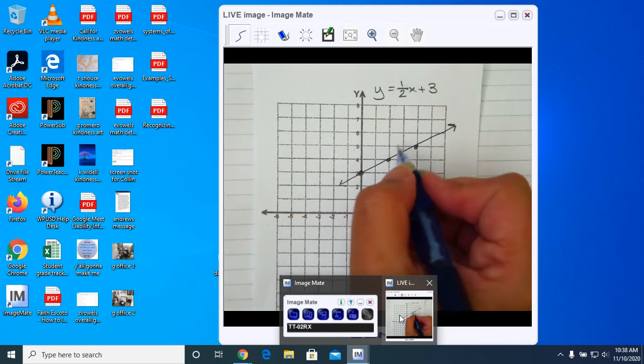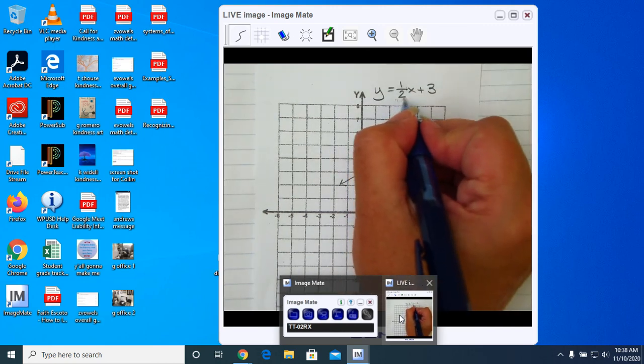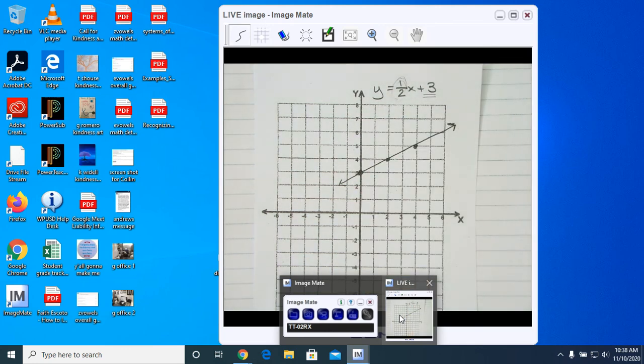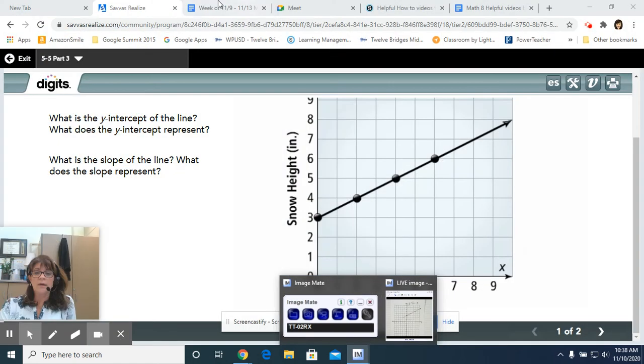But if you notice, we have a slope here and we have a y-intercept here. That is how the graph and the equation and the story all combine. So go ahead and copy these down, do that work, and we will then move on to your try problems. Have a great day, everybody.